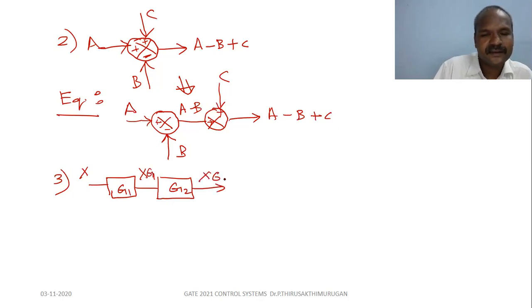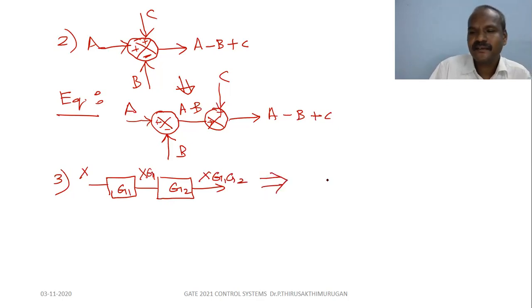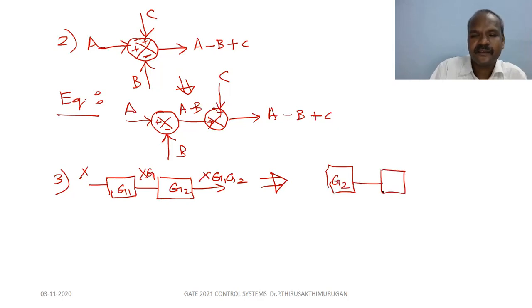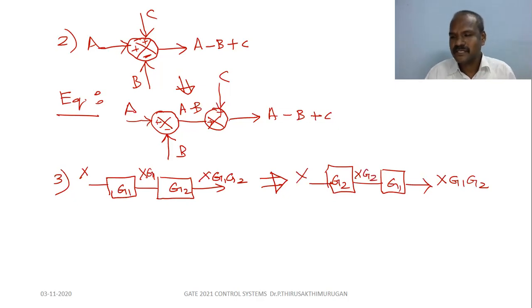X G1 G2. So what is the equivalent for this? You can also interchange the values because it is in cascade: G2, G1, X G1 G2. So same thing. There is no change.